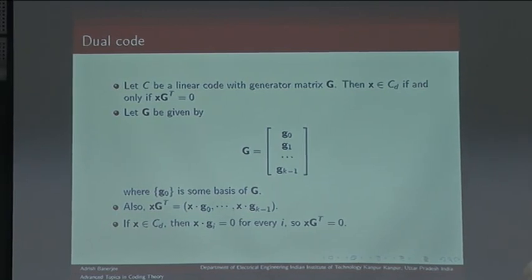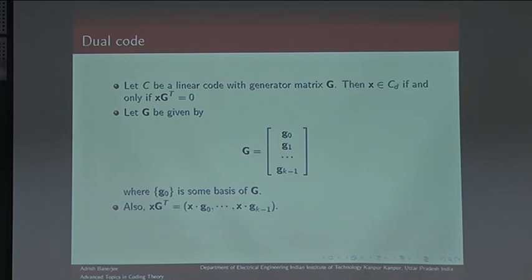Let us say I make all U except U0 equal to 0, my code word is G0. So G0, G1, G2, up to G(k-1), these are all valid code words in the original code. So, they will be orthogonal to a code word in the dual code. So, this follows from the definition of dual code.